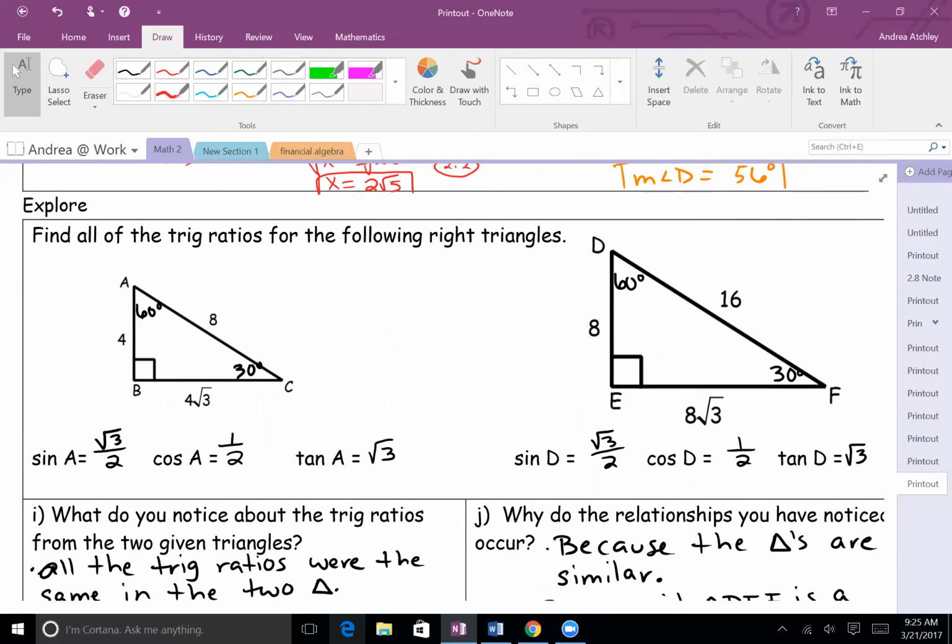You'll have all the same ratios. Any 30, 60, 90 right triangle is going to have these ratios for one of the angles. The square root of 3 over 2, cosine would be 1/2, tangent would be the square root of 3. Any questions over that? Okay, your homework is in your big packet.